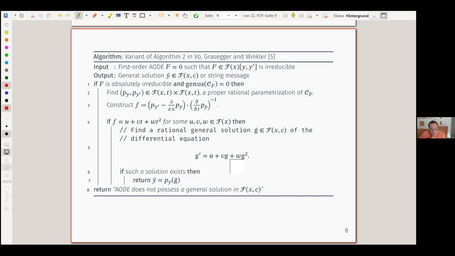So every step in here is actually algorithmic, and we can use this algorithm to really decide whether such a first order differential equation has a rational general solution of not the most general type. So we don't allow, for example, roots of our integration constant here. We allow only those rational general solutions where the C appears rationally.